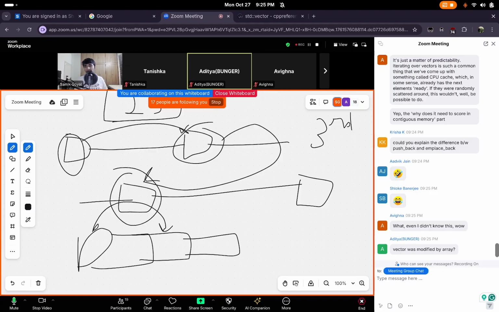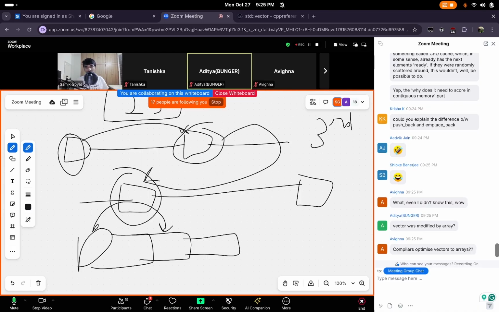And it's also safer in some things, but again, you're probably not going to encounter that. Yes, vectors do optimize to arrays if you are compiling with O2 and above, I think, which is the default on judges.